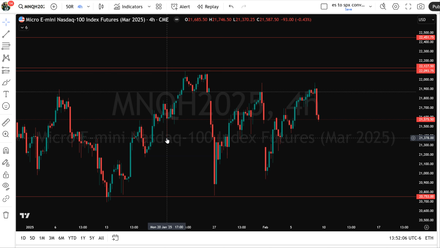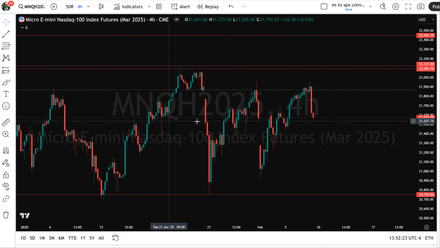It pulled back through it. Didn't have enough energy to continue down, went back up, and continued to test that area until it made, and here's an M pattern here. I don't know if you can see that there, classic M pattern. I just put out a video on that, and I didn't realize that was there so distinctly.